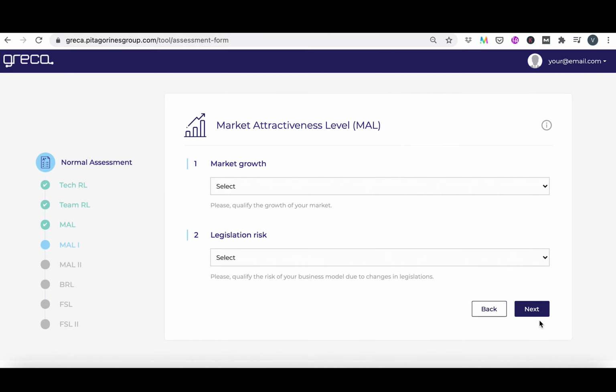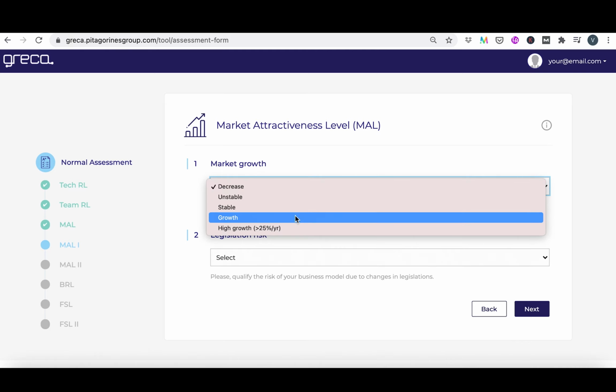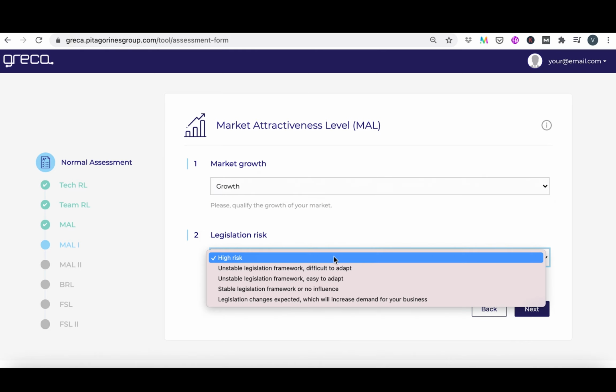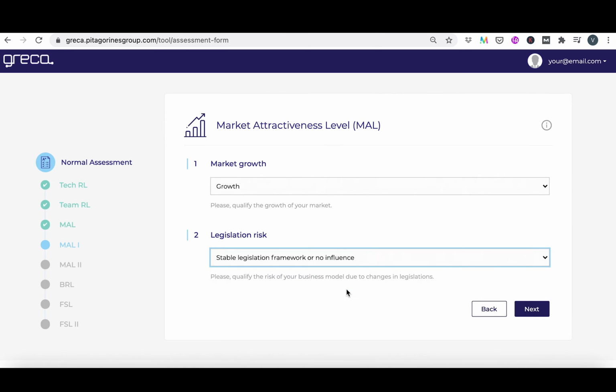Next, we must indicate the stage of growth of our market and whether our activity is in any way constrained by current or future legislation.